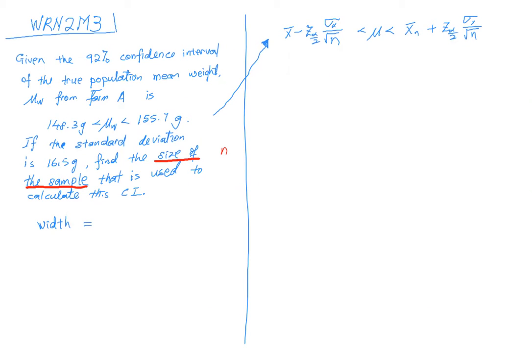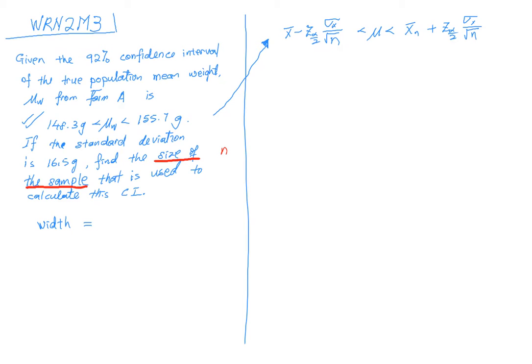Can you tell me how to get the width for this confidence interval? Based on this confidence interval, how to get the width? Adrian, do you understand the meaning of the width?